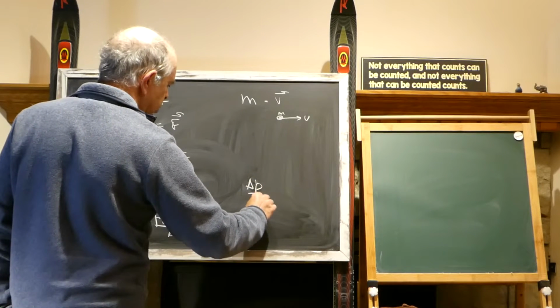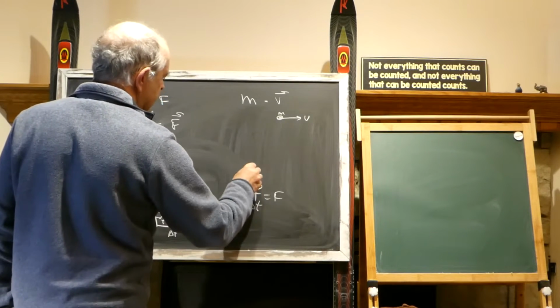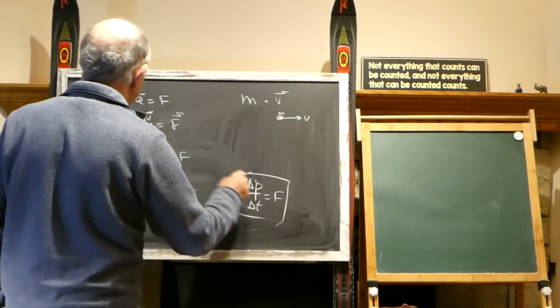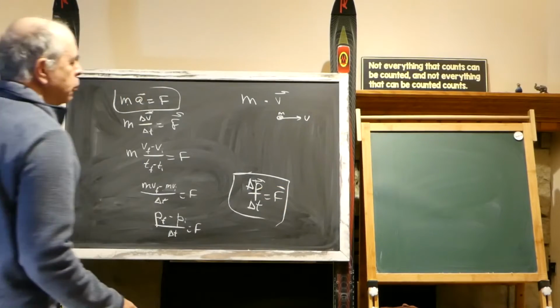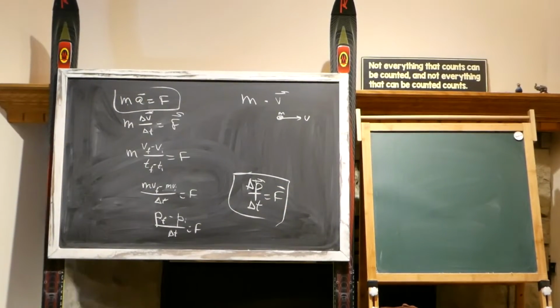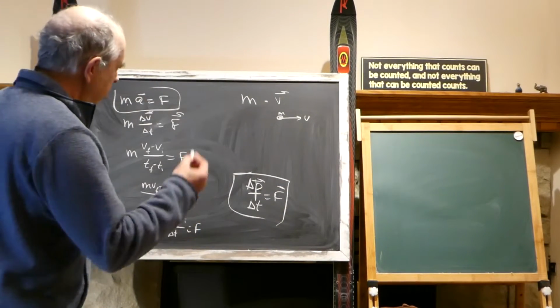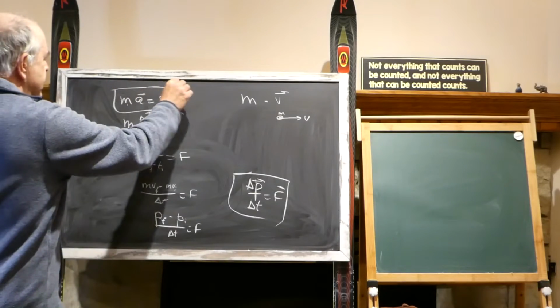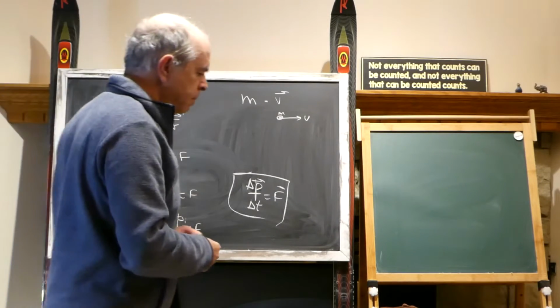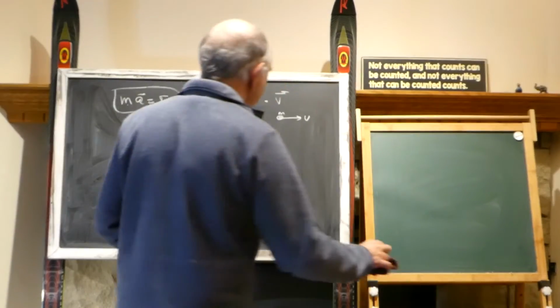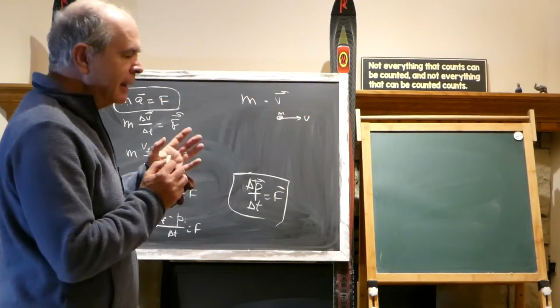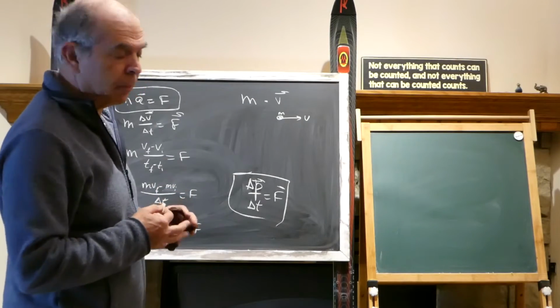Delta p divided over delta t is F. Of course we should put vectors, but for all our goals and purposes, this would be the second law of motion, but in a slightly different form.